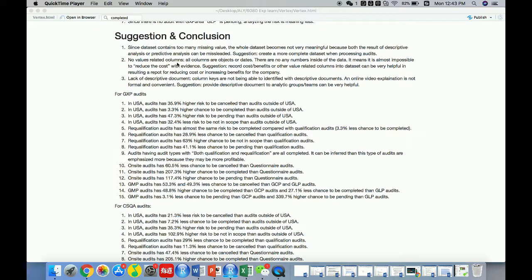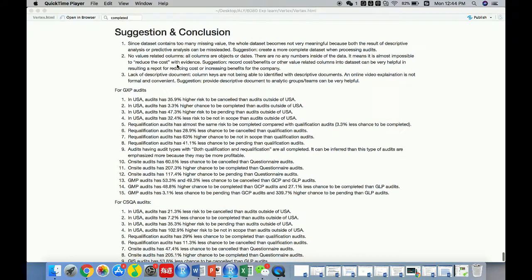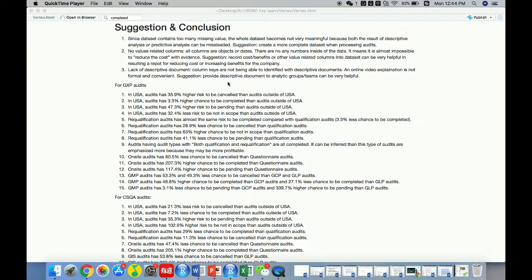They would be very helpful in solving our targets, like reducing costs or increasing benefits. And third, we lack a descriptive document which indicates what each column means. This would be easy for the company to build, but pretty hard for data scientists to work out, because they cannot have as much knowledge as the company employees.